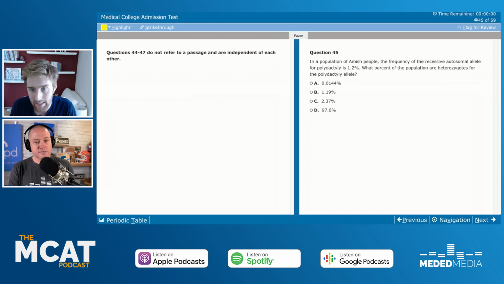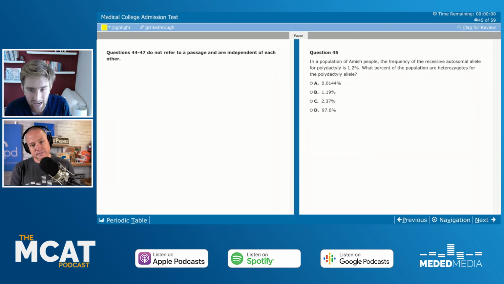So I would immediately look at this and say, the frequency of the allele is 1.2%, which means presumably the people who have the dominant allele are 98 point something percent. I would assume that people who are heterozygous, there are more of them than there are people who have 2 copies of the recessive gene.